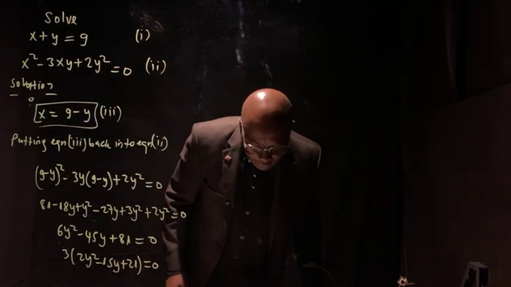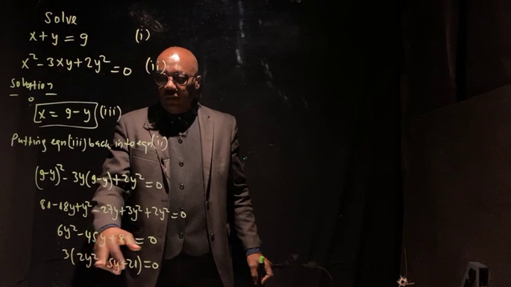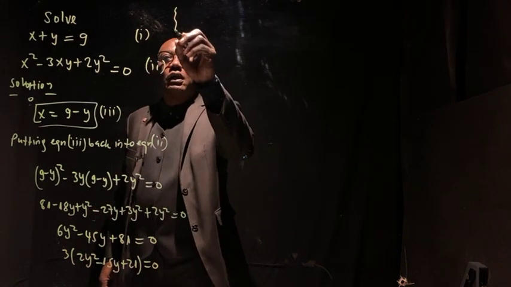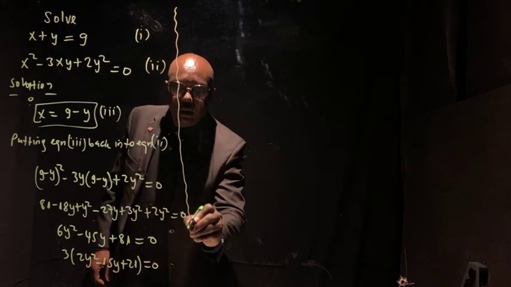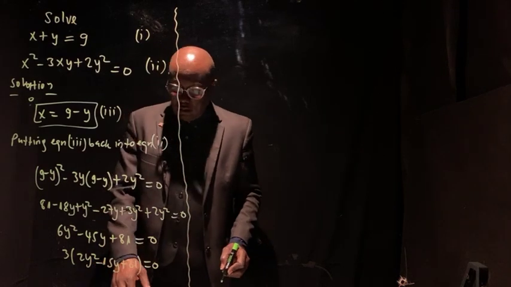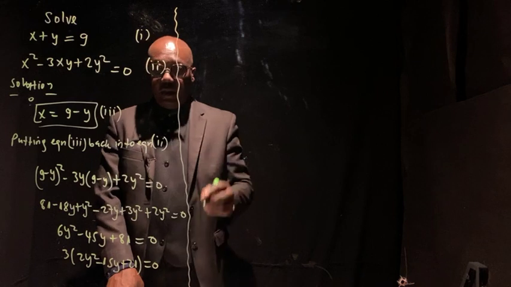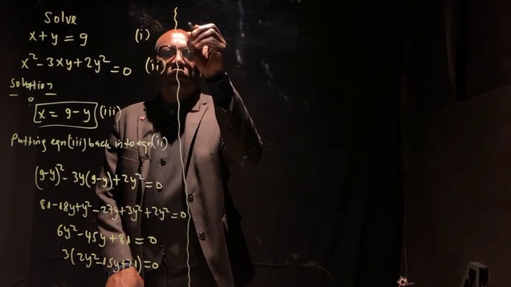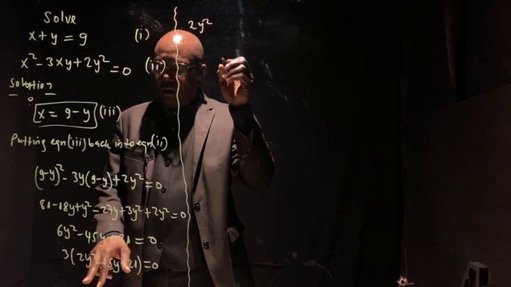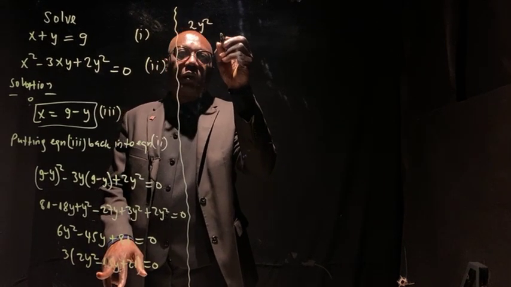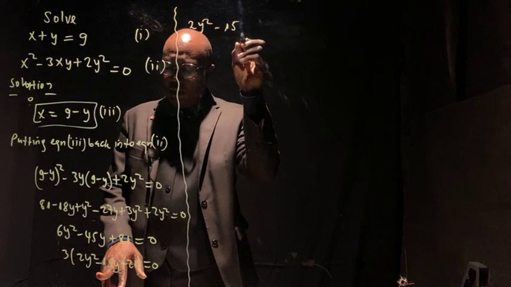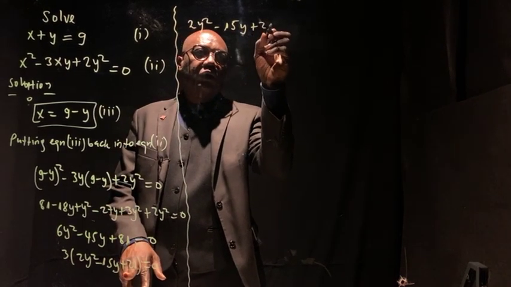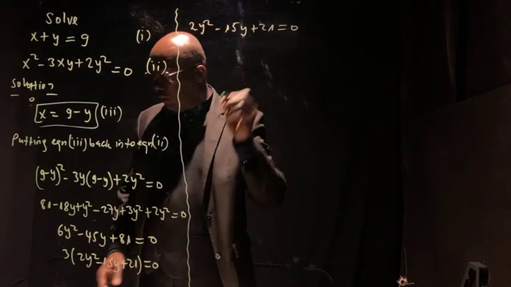And then we divide both sides by 3, and we'll be left with 2y squared minus 15y plus 21 equals 0.